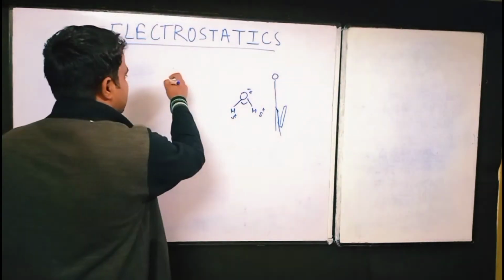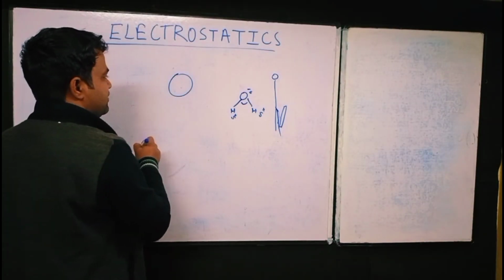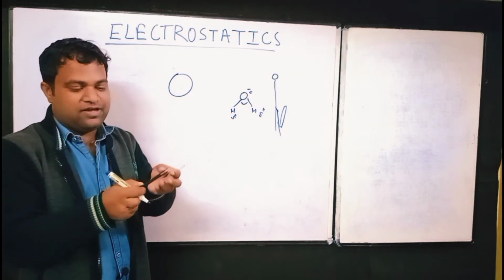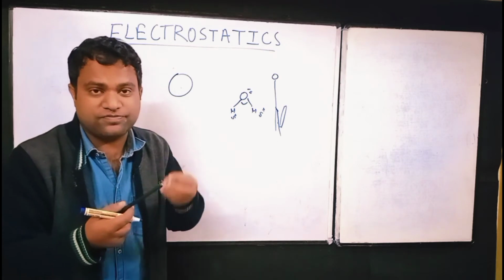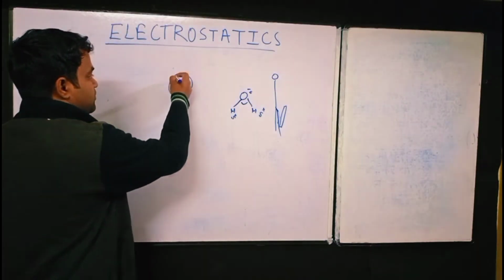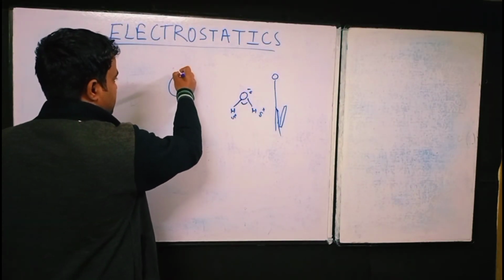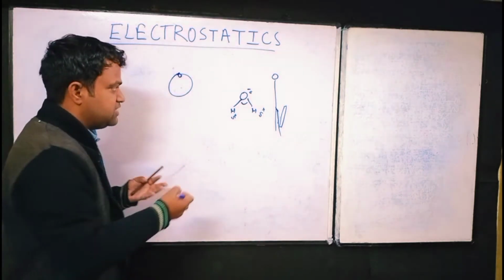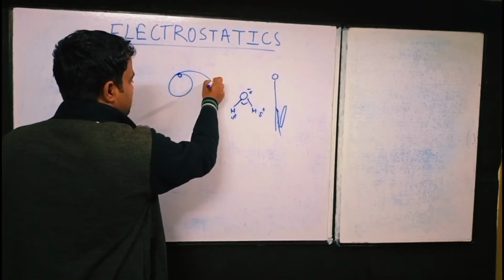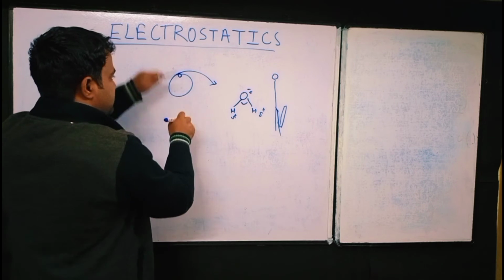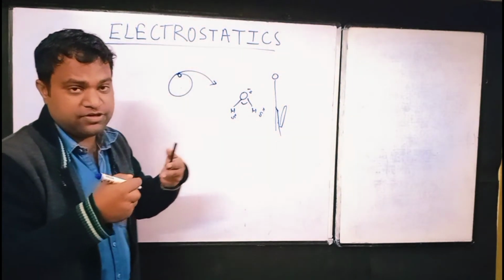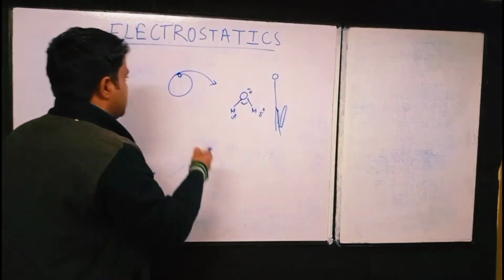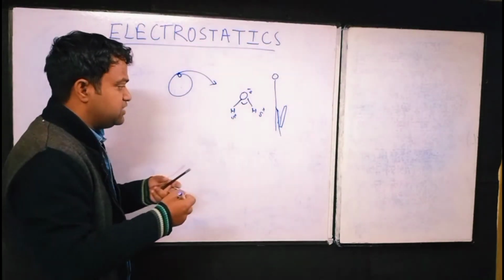That means suppose this is an atom, because all the objects consist of different atoms. Atoms have electrons in their valence shells. So when the electron is transferred, or with friction it is removed, depending upon the electronegativity, the ionization energy.